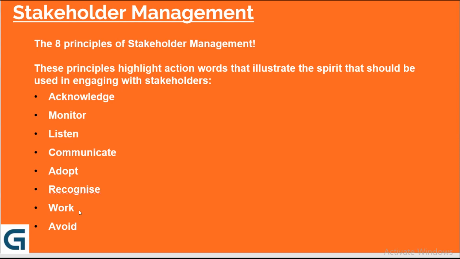Then you adopt any changes, and for that you need to be quite flexible. Then you recognize those changes and continue to work. And then you need to avoid any delays and any prevention of the project. So these are the 8 principles of stakeholder management.